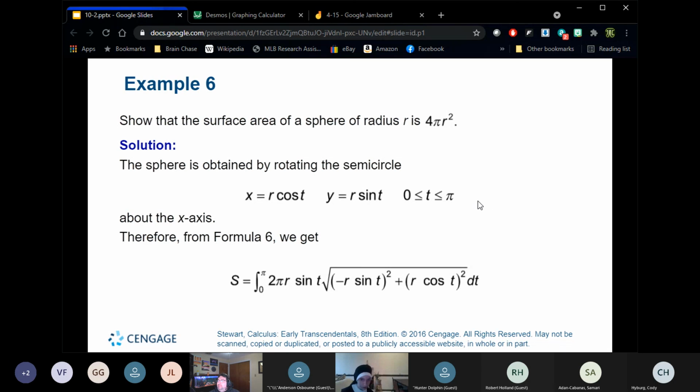That gives me my semicircle, and then I'm going to rotate it around the x-axis. So my integral is 2 pi times y, which is r sine t, times the square root of the derivative of x, which is negative r sine t, squared, plus the derivative of y, which is r cosine t, squared.